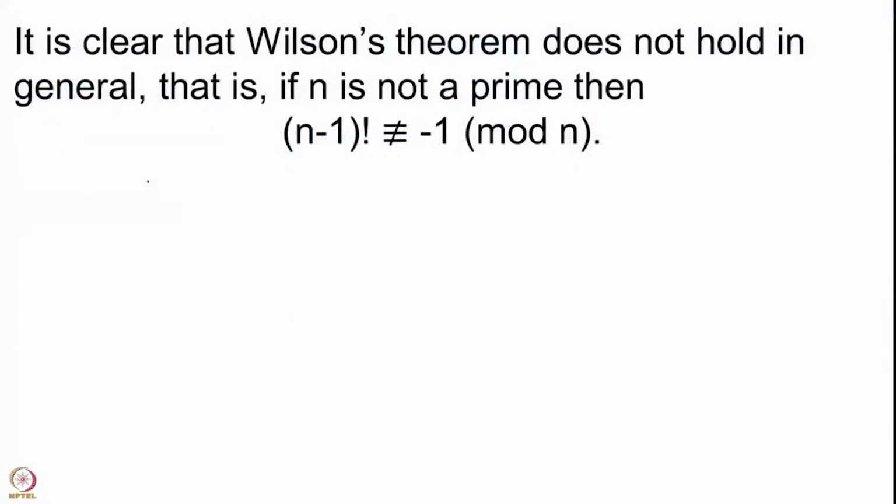So, you already have that whenever n is not a prime, that is, n is a composite number, the smallest composite number 4 gives you that the equation does not hold. In fact, you can say more.